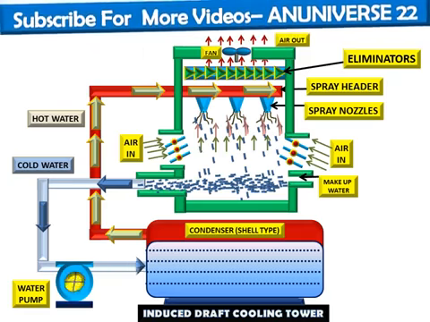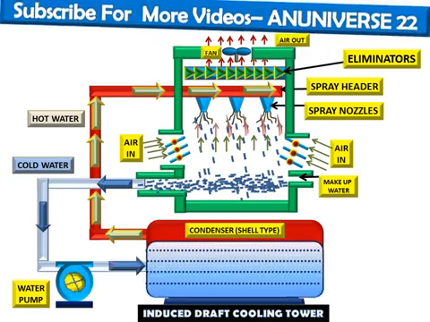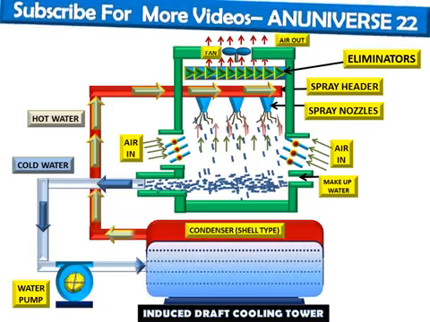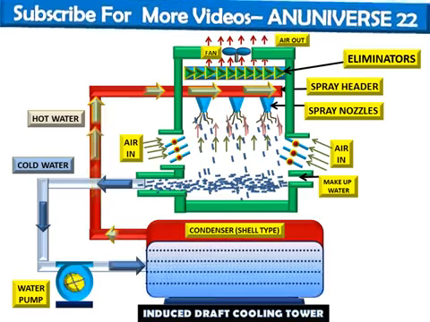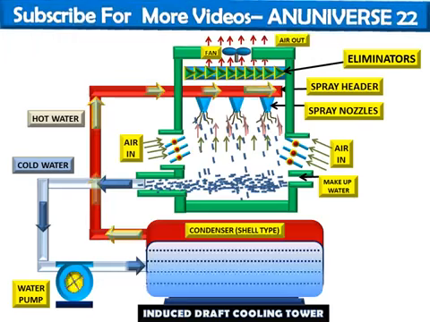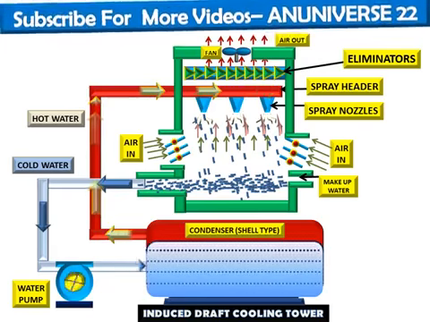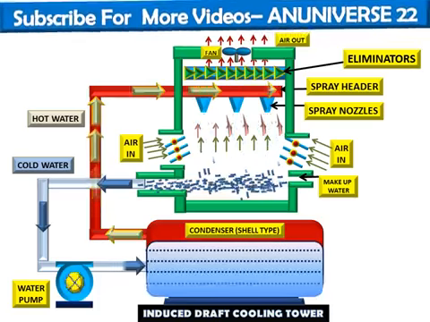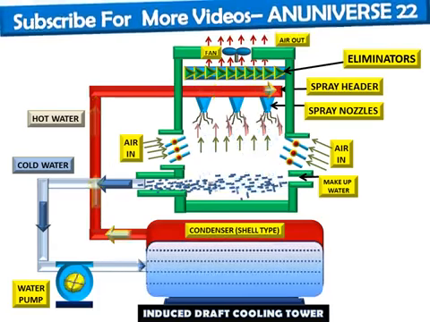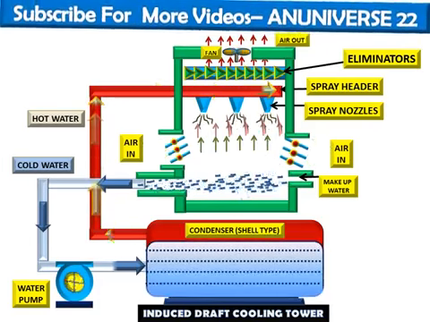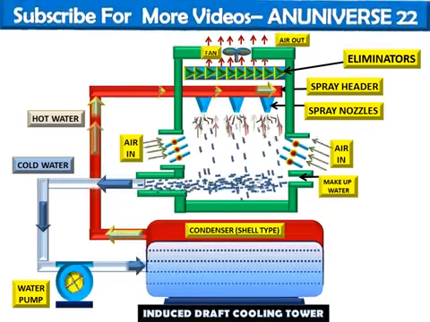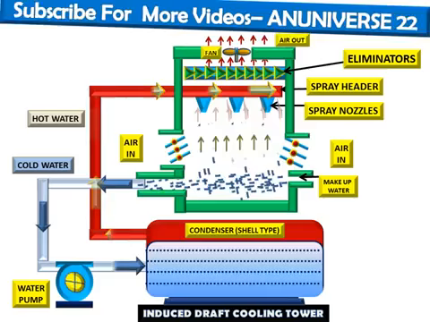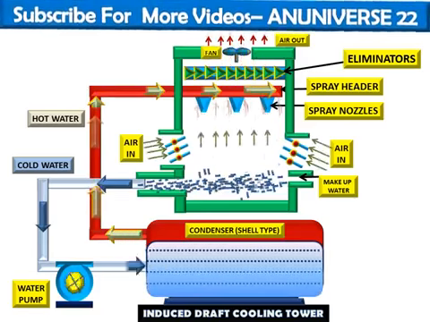The pump starts to rotate and supplies cold water to the condenser, and from the condenser the hot water is supplied to the spray headers. From the spray header with the help of spray nozzles water is supplied in the form of fine droplets, and air is supplied into the cooling tower, and it takes the heat from the hot water.